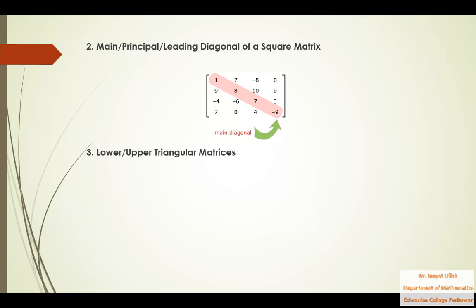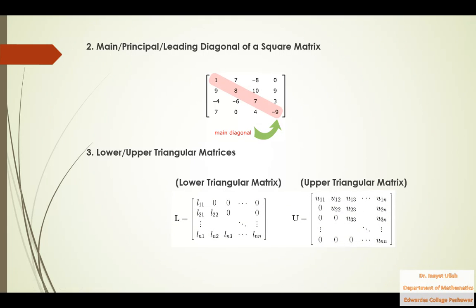Now we are in a position to define lower and upper triangular matrices. What is a lower triangular matrix and what is an upper triangular matrix? The lower triangular matrix is denoted by L and the upper triangular matrix is denoted by U. A lower triangular matrix is a square matrix in which above the main diagonal all entries are 0, and below the main diagonal not all entries are 0.